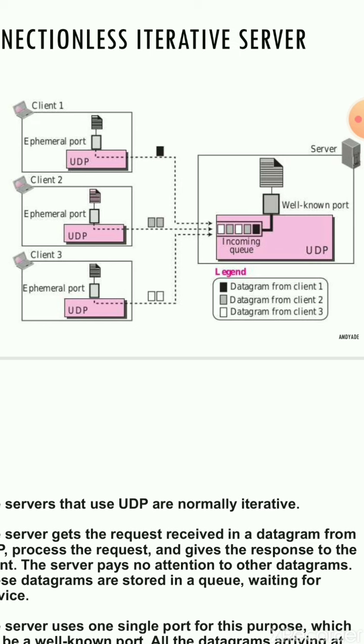When a request comes to the server on a priority basis, it accepts one request, processes the request of the client, and sends the response back to the client on the ephemeral port number. Because the ephemeral port number is received by the server, the server knows the IP address and port number of that particular client, and on this basis sends the response to the client. Similarly all clients will get their requests processed.